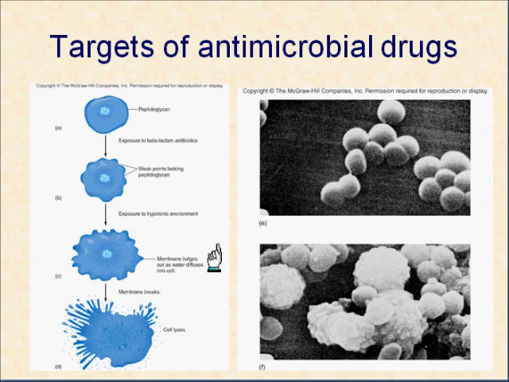If you then expose that to a hypotonic environment, that is an environment that has fewer solutes dissolved in it than are in the cell, the cell is going to absorb water, and ultimately the cell will expand and burst. So that's one activity for some antimicrobial drugs.